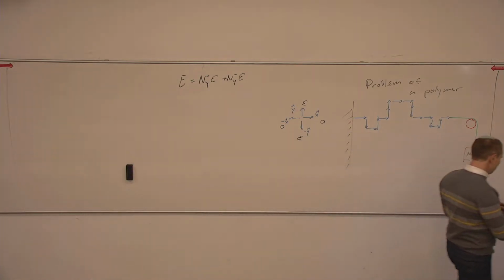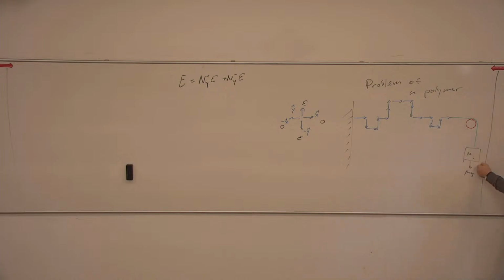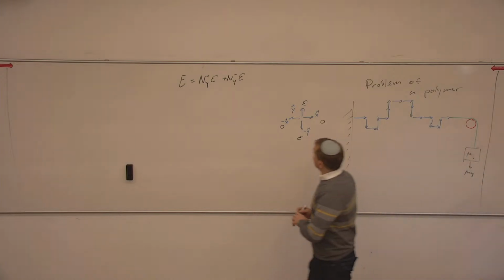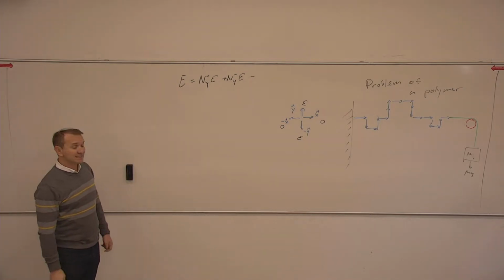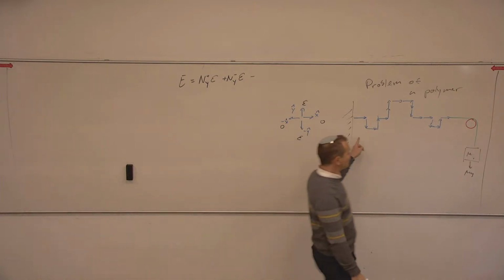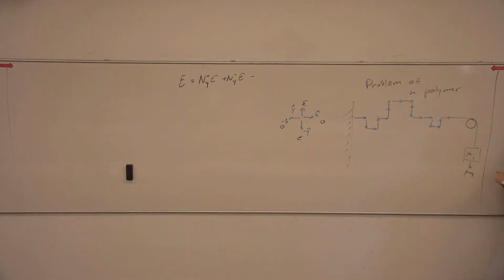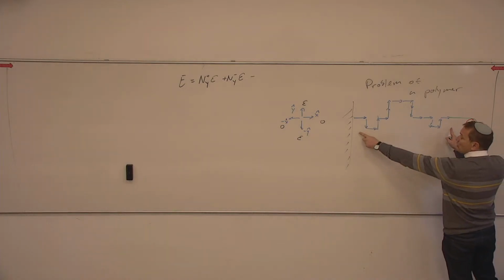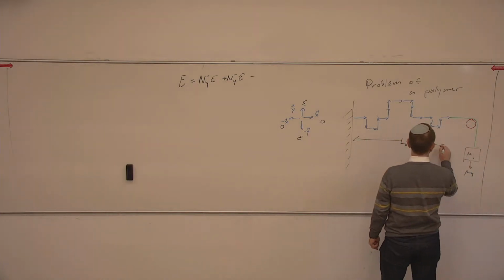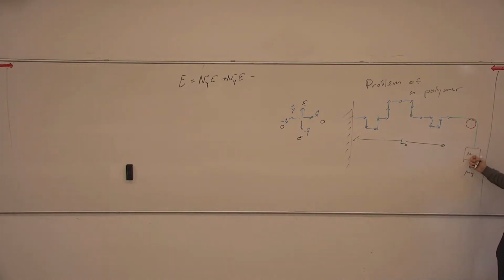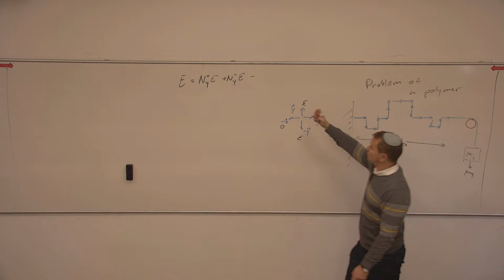But there is an additional term due to this mass over here. This additional term was the total extension of the polymer. If we set the potential energy of the mass at such a level to be 0, such that the whole potential energy is just the extension of the polymer, let's call it Lx. Here we have an additional term, which is just the potential term of the mass.